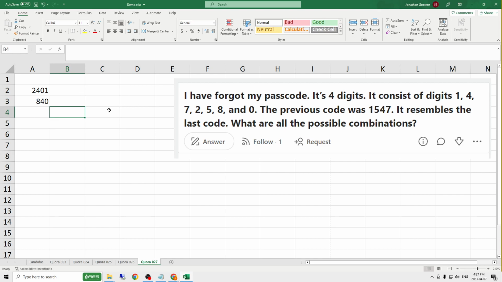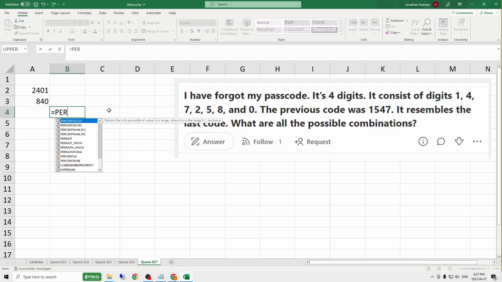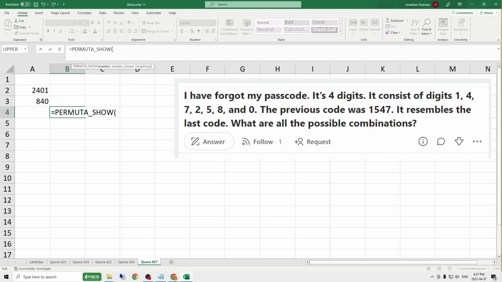And if we assume that repeats are allowed, I've written a nifty little Excel function that actually spits out all of the possible permutations. So we'll go permute A, show is the name of my function. And there is a link in the description below so that you can actually have access to this function if you want it.